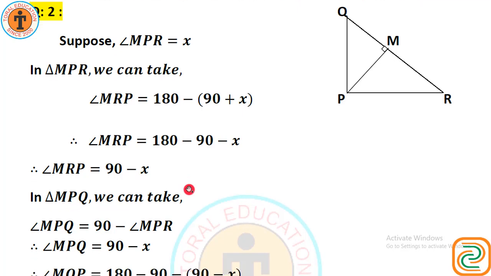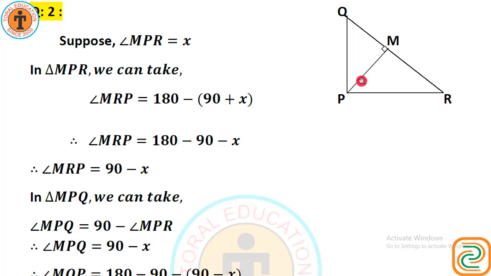Another triangle, we take MPQ. Same thing, here is 90. MPQ equals 90 minus MPR.